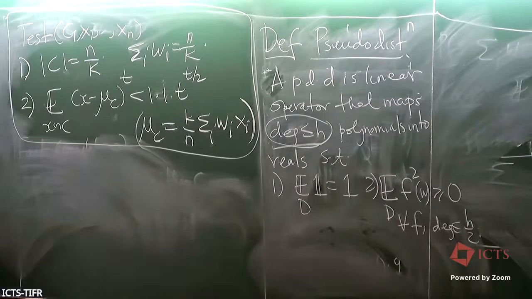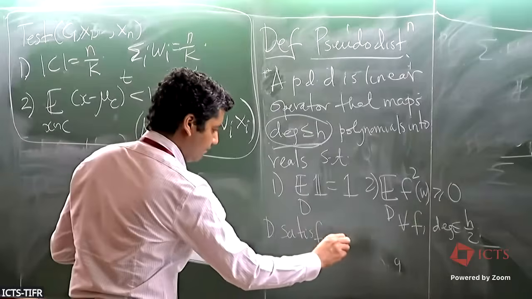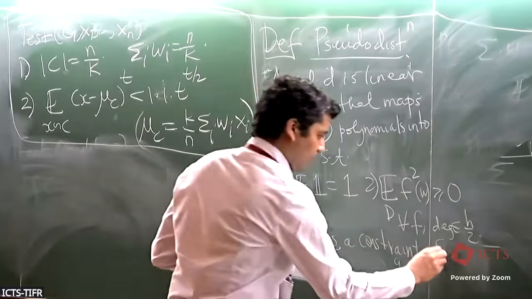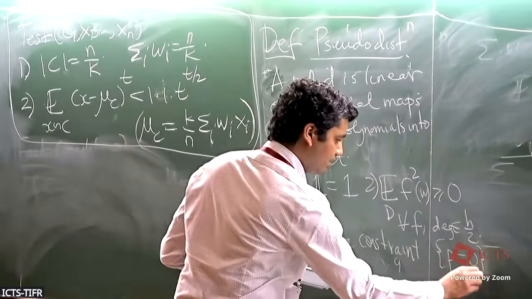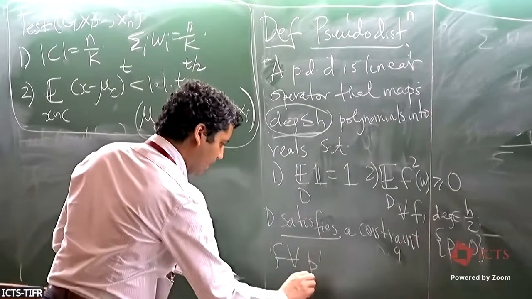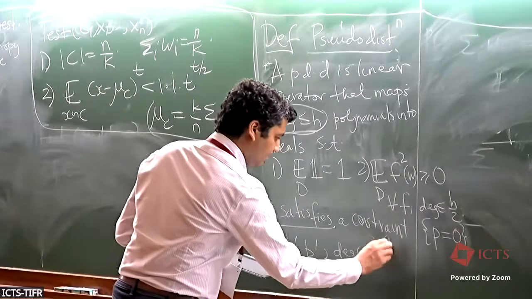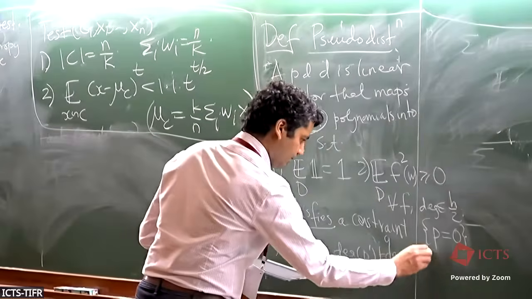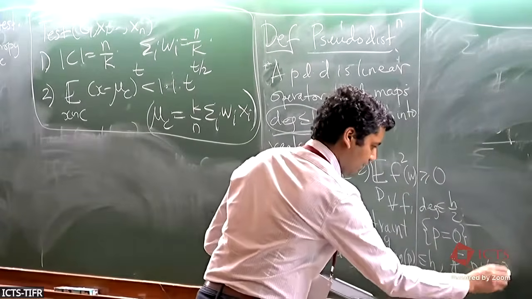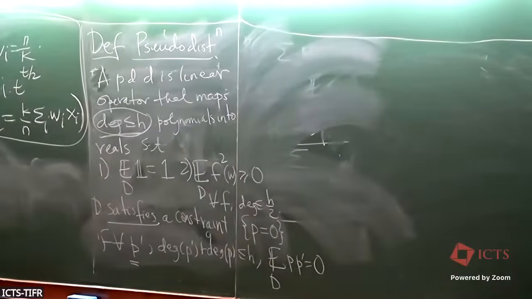Now, I'll further say that D satisfies a polynomial constraint p equals 0 if for every polynomial p prime such that the degree of p prime plus degree of p is at most h, the expectation under D of p times p prime is 0. This degree condition is simply saying that I should not compute the expectation of anything which is a bigger than degree h polynomial.